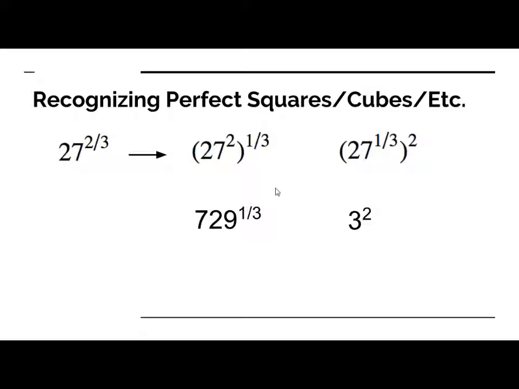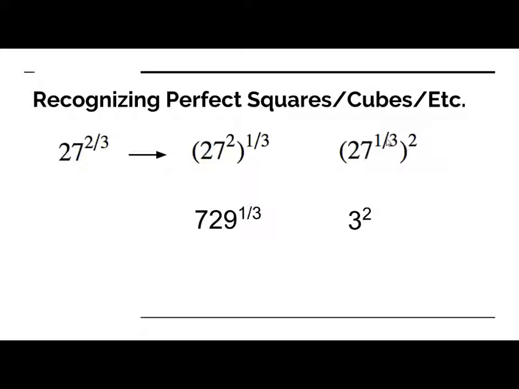However, since most of you are probably going to use a calculator for many of these problems anyways, it doesn't really matter. You could do 27 squared in your calculator and get 729. Back over here on the right, I can do this very easily in my head. 3 squared is 9. So the answer, 27 to the 2/3, is 9. And I could have gotten that from 27 to the 1/3 is 3, squared is 9.